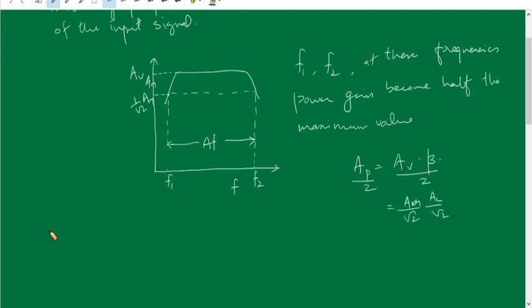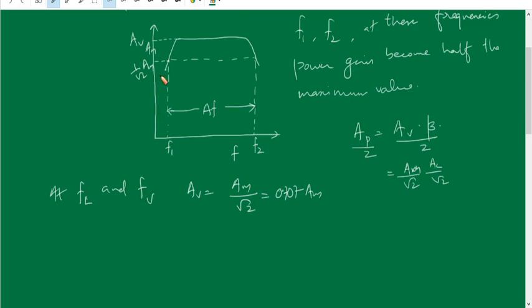So at FL and FU, or F1 and F2, the voltage gain becomes AM divided by root 2, which is equal to 0.707, okay, 70% of the maximum gain.